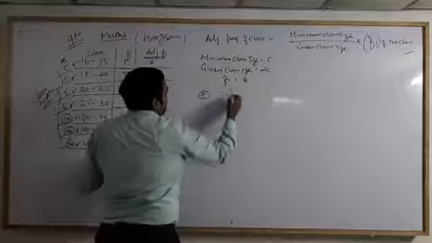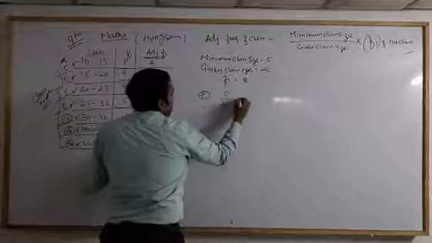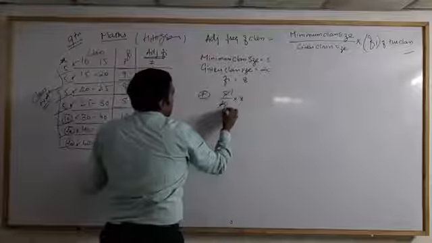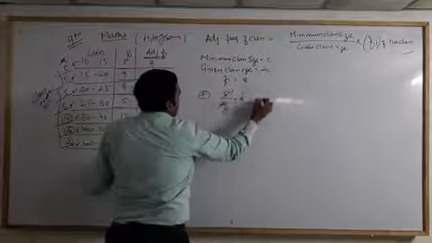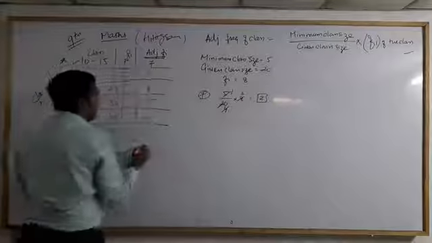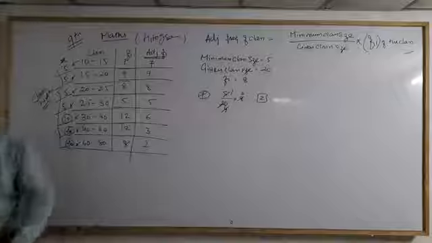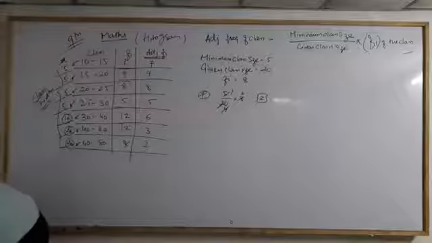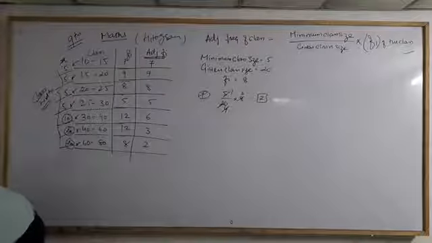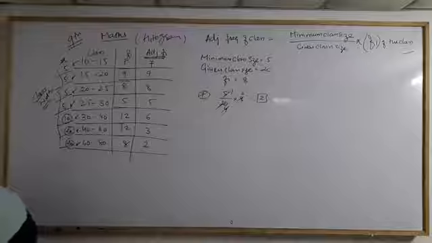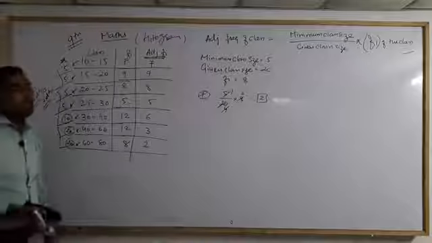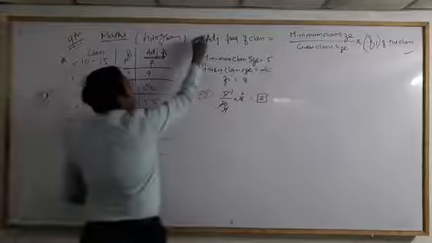So 5 upon 20 into 8, therefore 5 ones are 5, 5 fours are 20, 4 twos are 8, therefore my adjusted frequency is 2. Okay, clear, students? Please note down this formula.